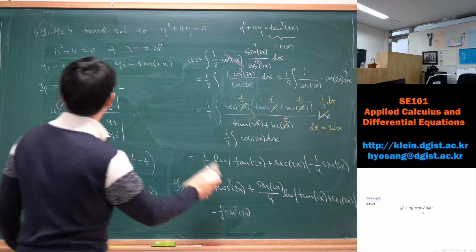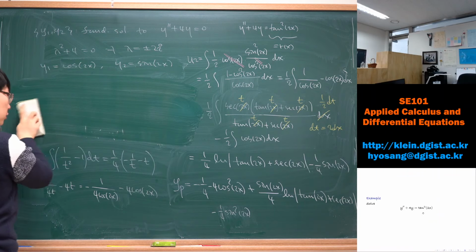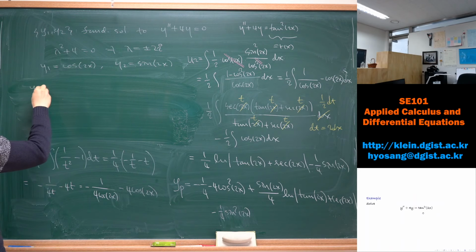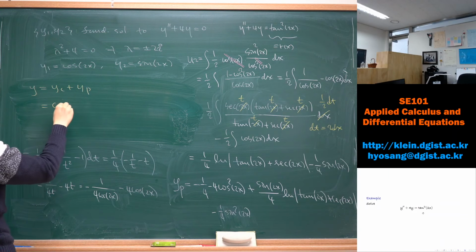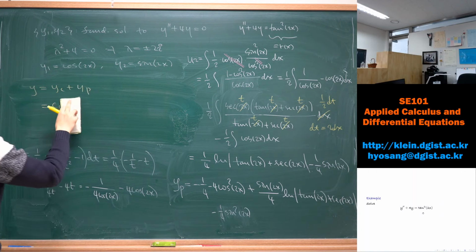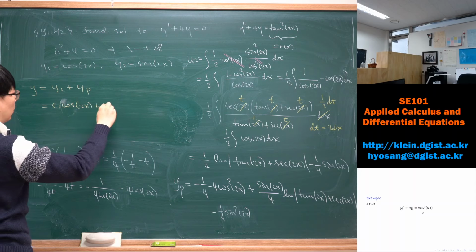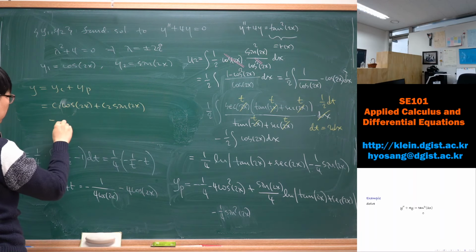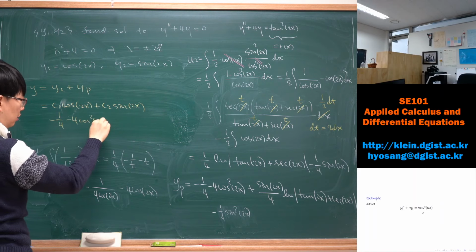This is not the final answer, because we want to find the general solution. So the general solution y is the complementary solution plus the particular solution. The complementary solution is C1 times cosine 2x plus C2 sine 2x, and the particular solution is this, blah blah blah.